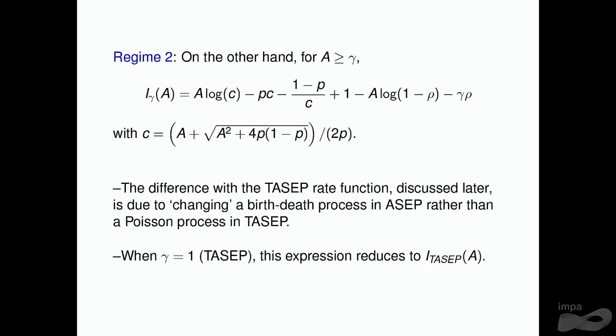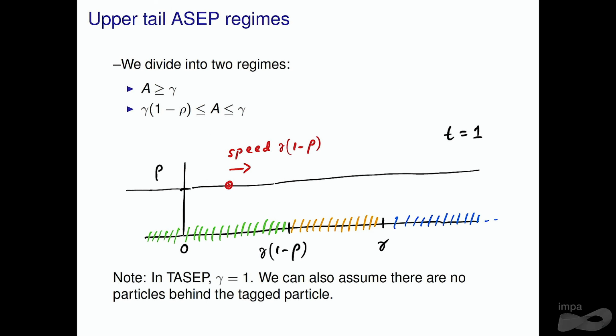The reason is that in TASEP, you always get the relative entropy of two Poissons, but here the reason, and I'll go through that also, is that if you're deviating to here, then there's no way that a tag particle has any chance of getting here without changing its rates. And in ASEP, there's a rate to go right and a rate to go left, so there's two rates to change.